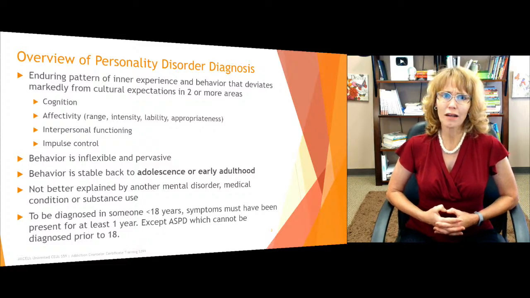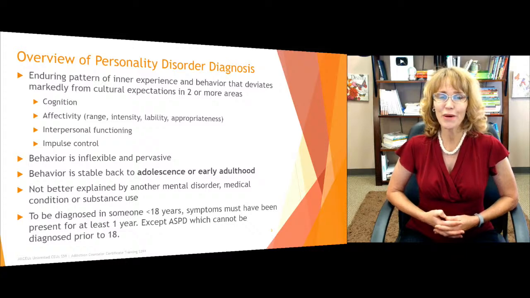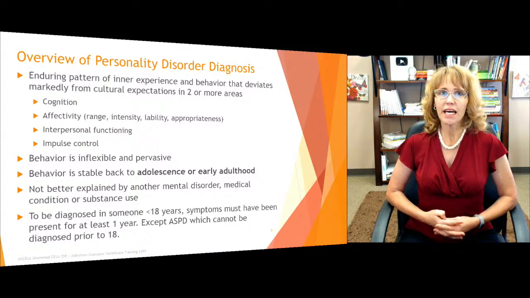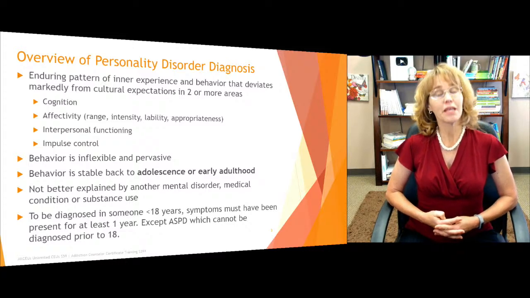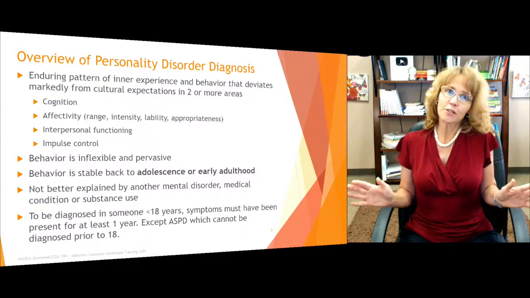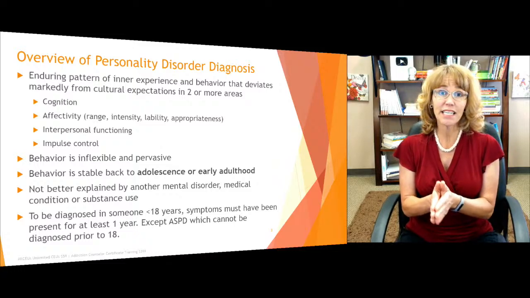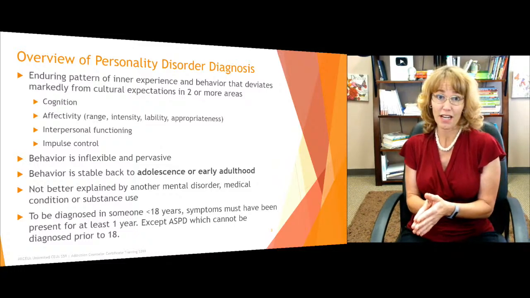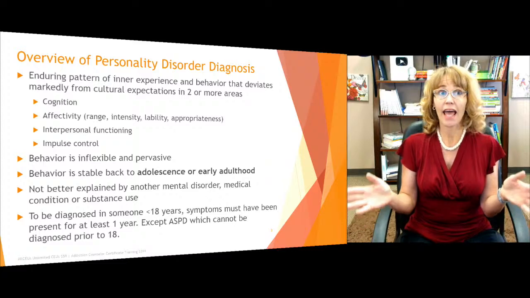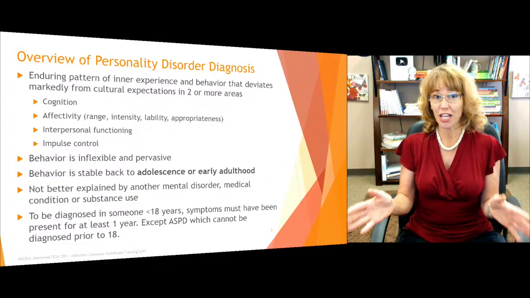And we're going to talk about these ad nauseum as we go through the presentation today, because in my opinion, and I told you I was passionate about this, complex PTSD, CPTSD, is not a diagnosis right now. It's just not. And there's not a whole lot we can do to change that.